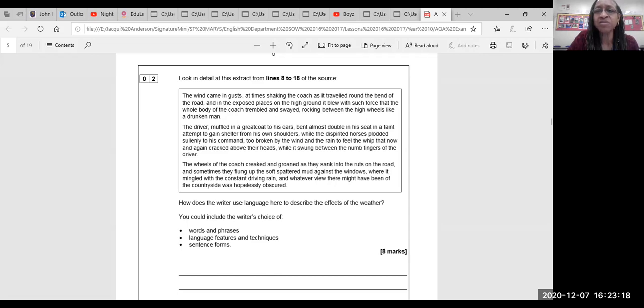And so if you pause the video and then give yourself 5-6 minutes to actually write it up. So you're just looking for the main information that you're finding in the text. You don't have to write a PEAL paragraph. What you're looking for is what is contained within each of the paragraphs and how it's set out. Okay.